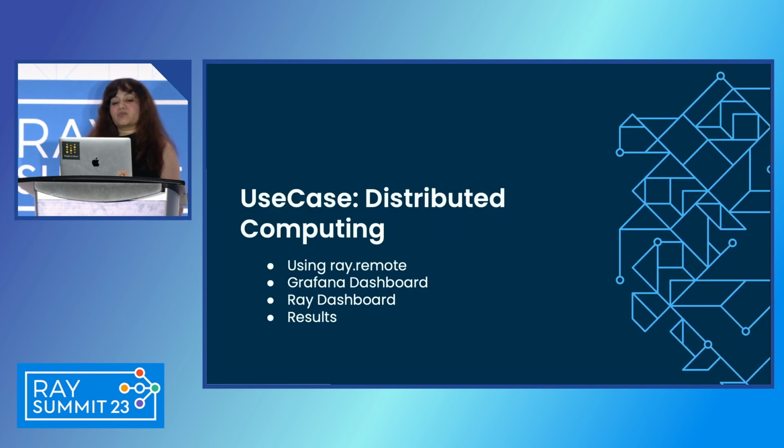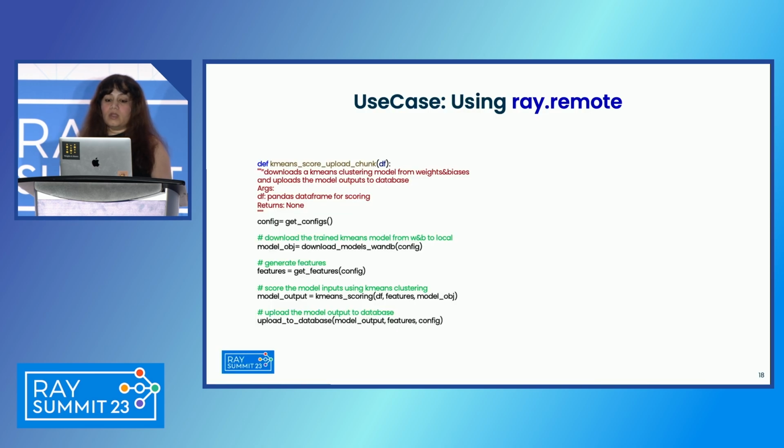In the last section, what I want to do is share one very specific use case and demonstrate how we have used Ray Remote by just tweaking a few lines of code and parallelizing our code. So what you see on the screen is a code snippet. This is a very standard function. For this use case, we were building a k-means model, and we were scoring over this k-means model.